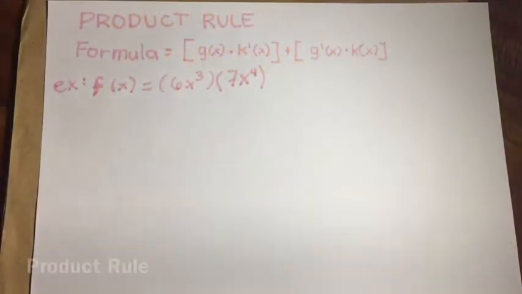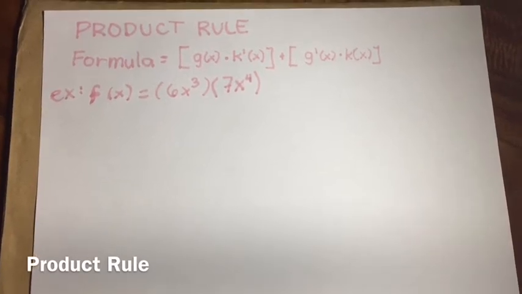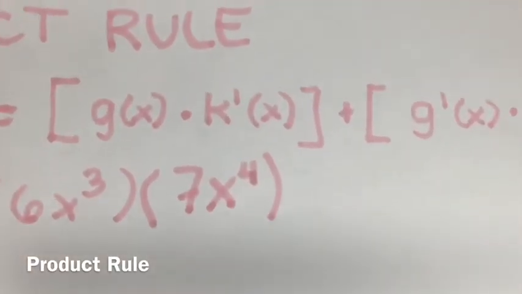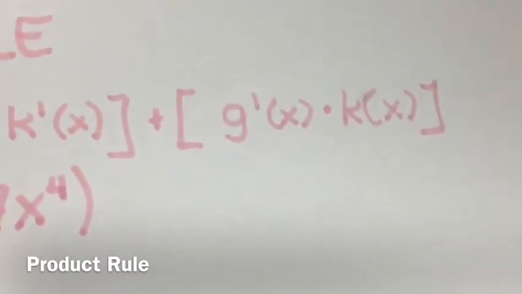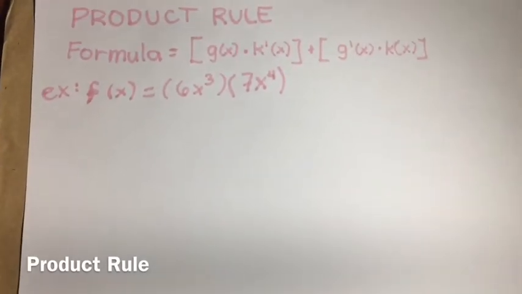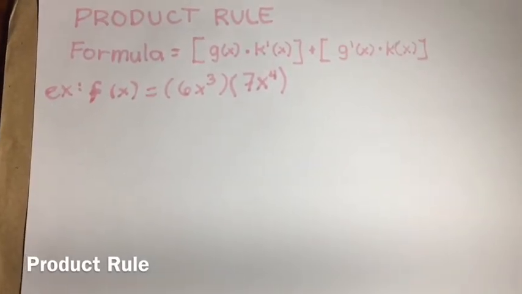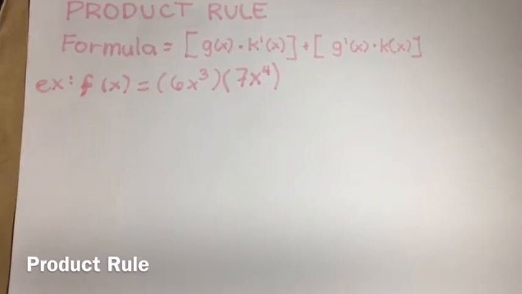Next rule would be the product rule. If you're going to use the product rule, don't forget about this formula: g of x times k prime x plus g prime x times k of x. So this is our example. F of x is equal to 6x cubed times 7x raised to the 4th power.